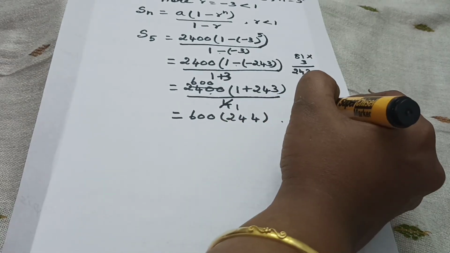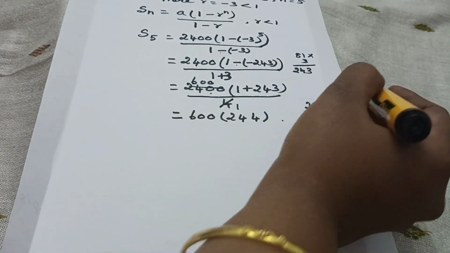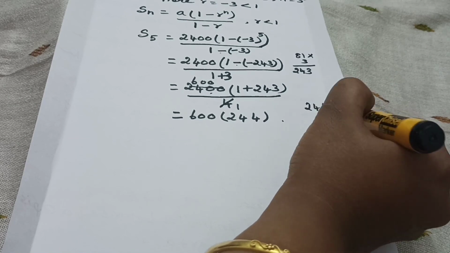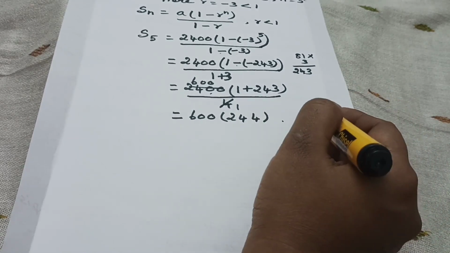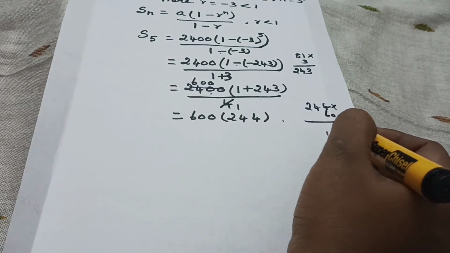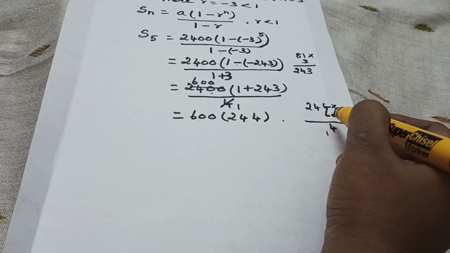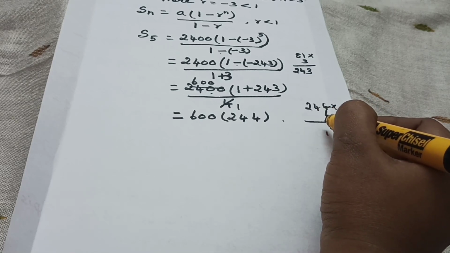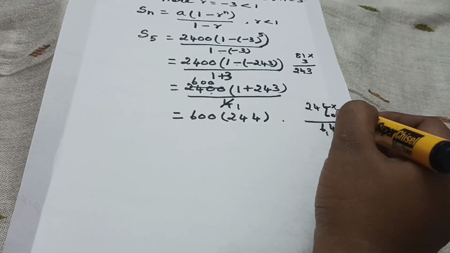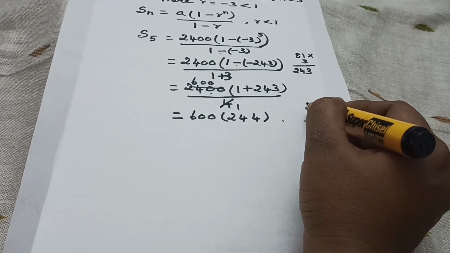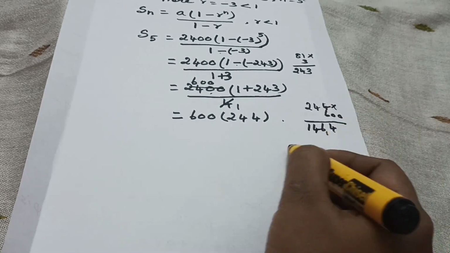244 into 600. So shall we multiply into 600? Then 6 4s are 24, 2 balance. Then 6 4s are 24, and add this 2 to make 26, then 2 balance. 6 2s are 12, isn't it? Then balance 2 and 14, add it, 14.